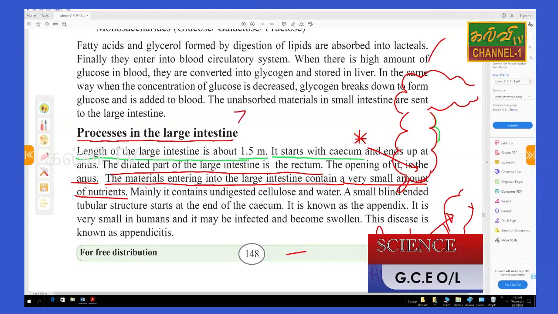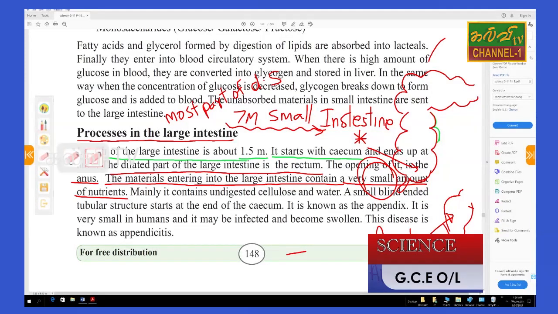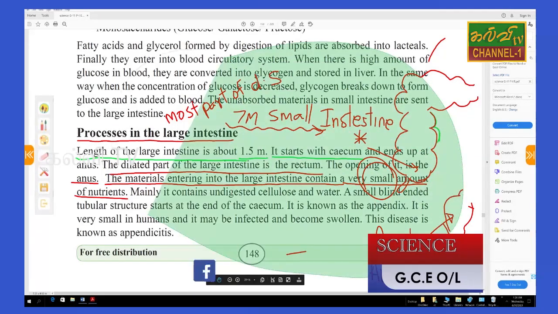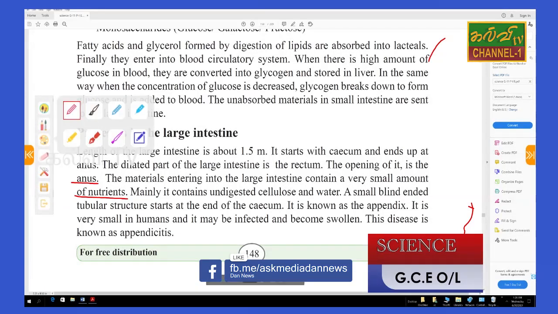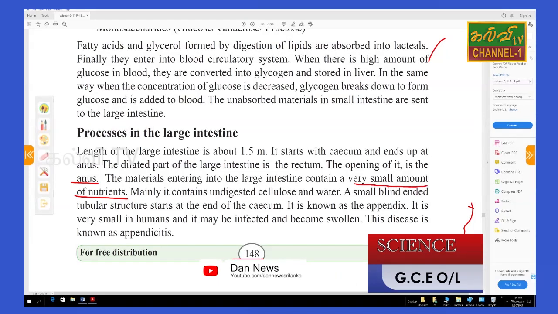Because they have already traveled through the 7-meter small intestine, and most of the digestive substances have been absorbed there. Compared with the small intestine, the large intestine contains very little nutrition.